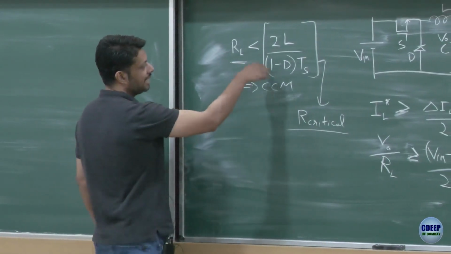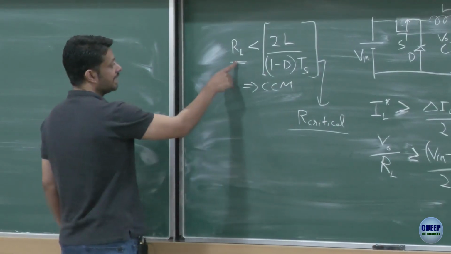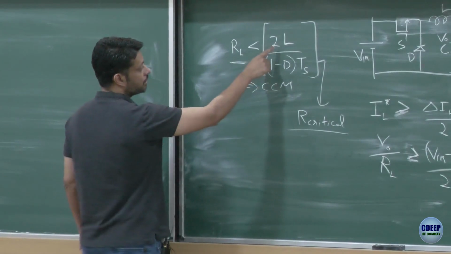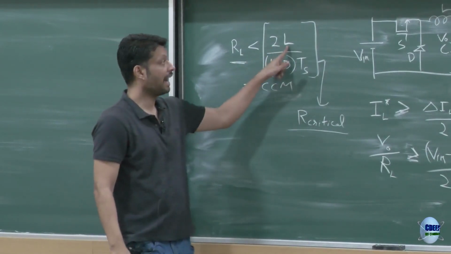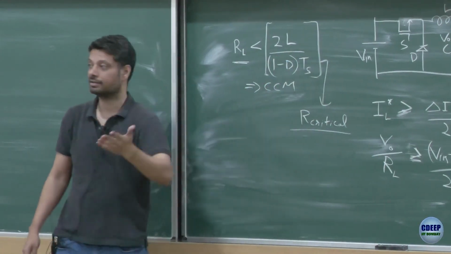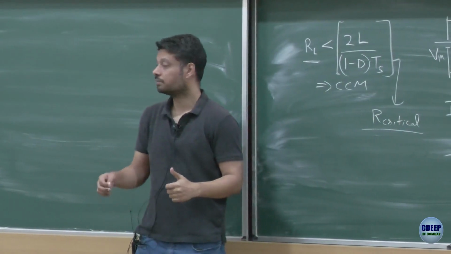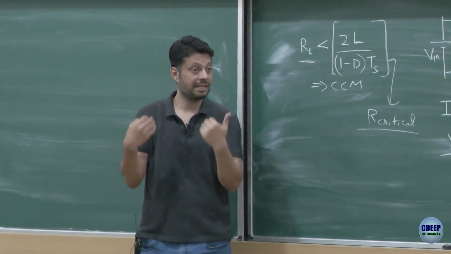Let's just understand the relationship once before we go and derive the expressions for 3. So the critical resistance is equal to 2L by (1 minus D) times Ts. That means if you have a higher value of L, your critical inductance would also be higher. That means your converter can operate in CCM further, till a lighter load condition.